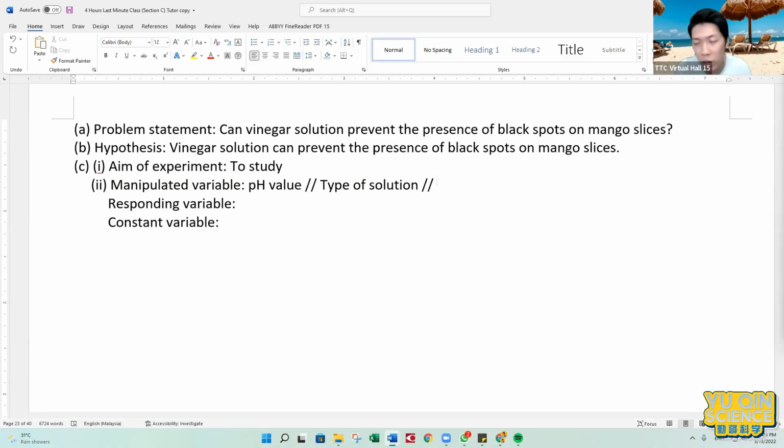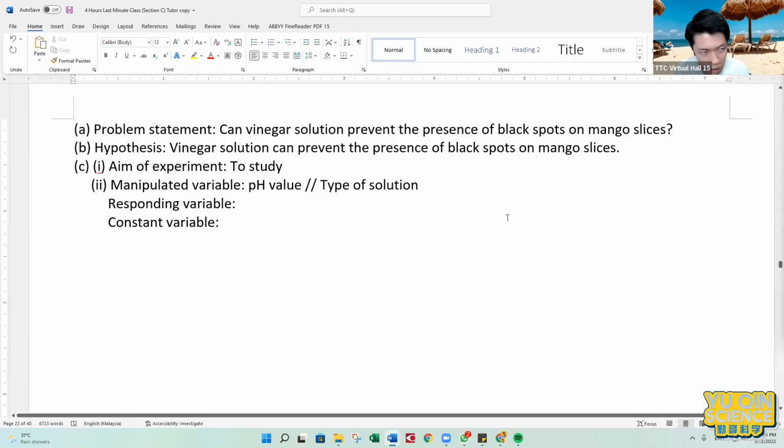Or you list down all the names of the solutions one by one: dilute hydrochloric acid, dilute sodium hydroxide, distilled water, but that's very long-winded. pH value of solution can also, but the main thing is pH value.